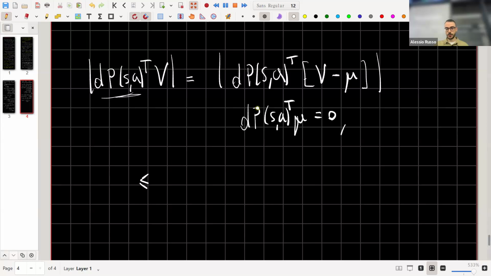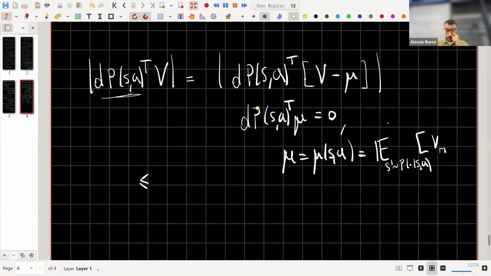The constant that we are going to choose will be mu SA, which is equal to the expected value of V of S prime, where the next state is sampled when we are in SA. So this is the constant we are going to consider.